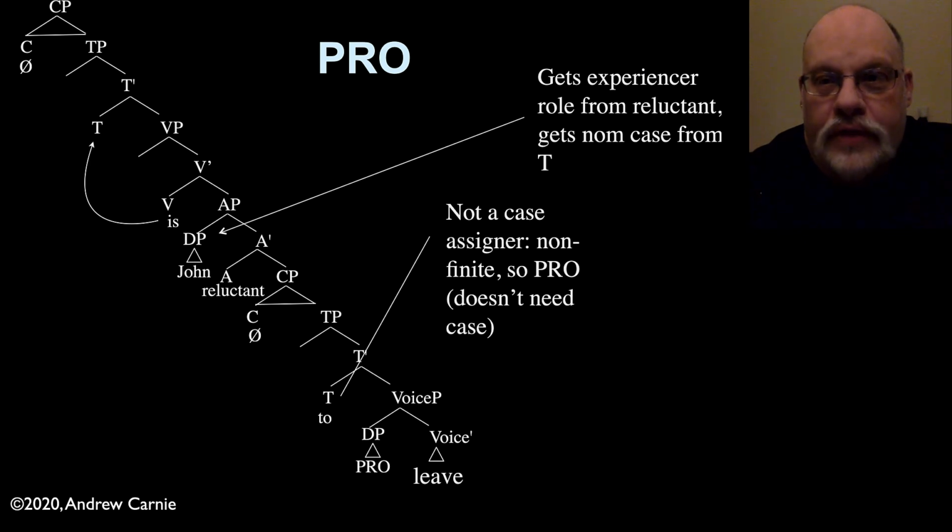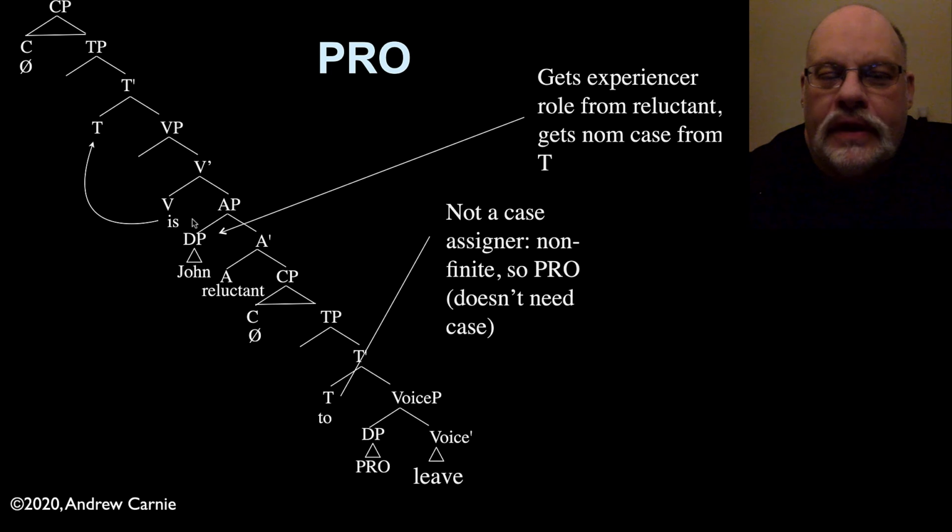So let's look at a tree. Okay. So what we have here is the underlying structure of the sentence, John is reluctant to leave. This is a control construction. And if we look at our construction right here, John is going to be generated, just for ease of structure I put it in here, as the specifier of reluctant.